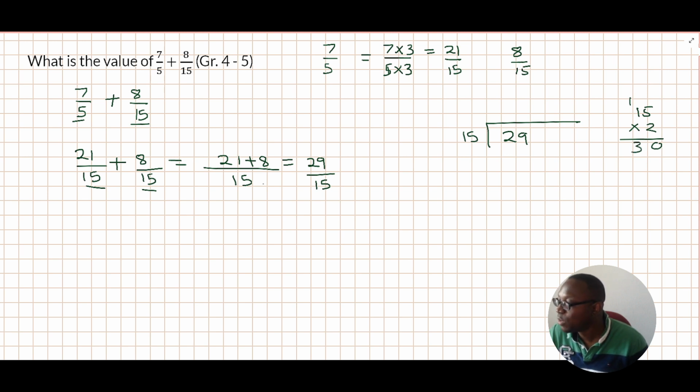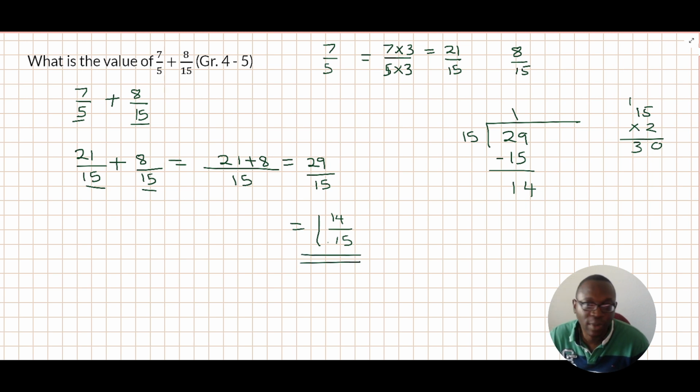So there's only one group of 15 in 29. 15 multiplied by 1 is 15. Let's go ahead and subtract. It's going to be 4 here, 1. So this gives us one group of 15 in 29 with a remainder of 14 out of 15. So that is the solution to this problem.